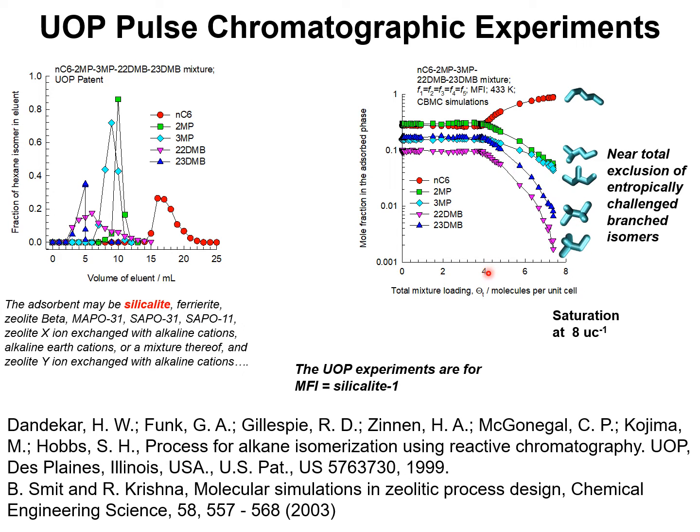And as the mixture loading is increased beyond 4, the composition of the adsorbed phase becomes increasingly in favor of the linear isomer, and the monobranch and the dibranch isomers are progressively excluded from the adsorbed phase.